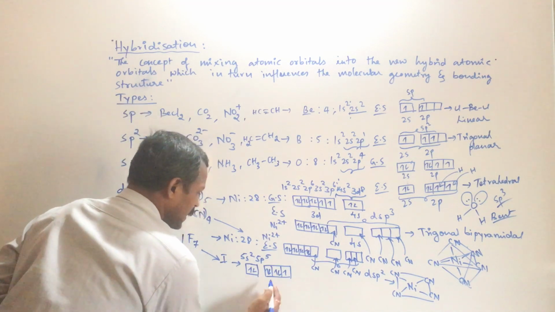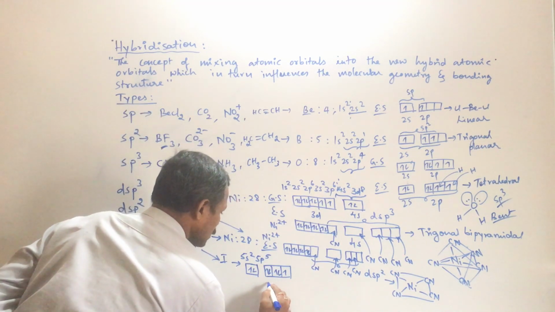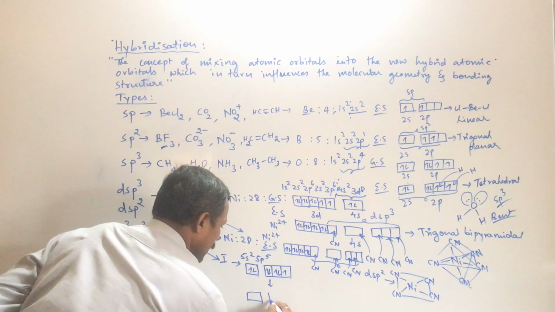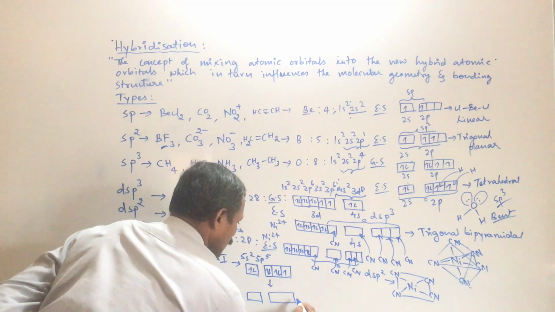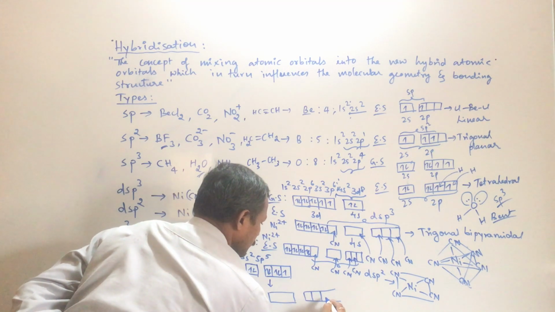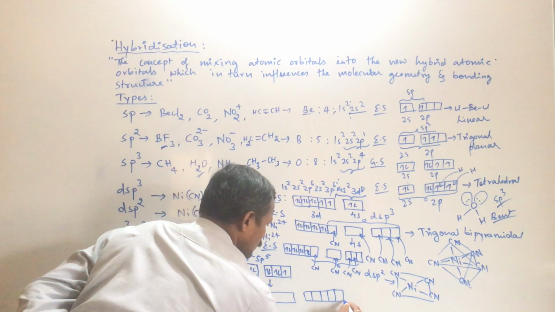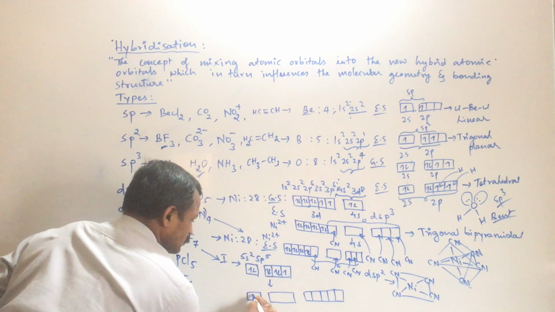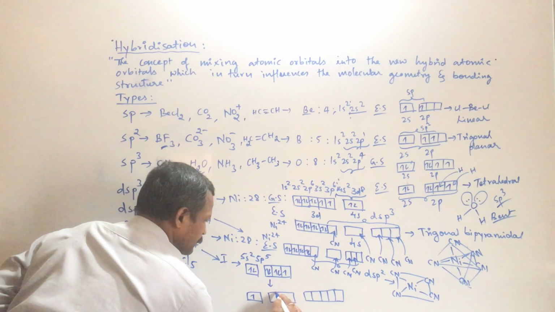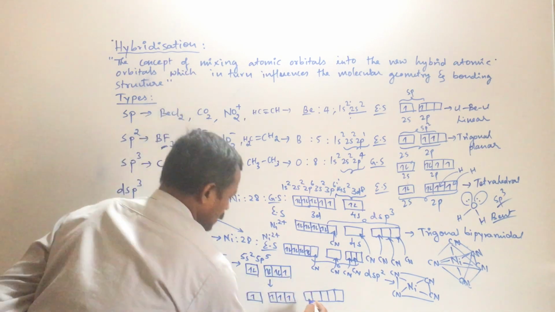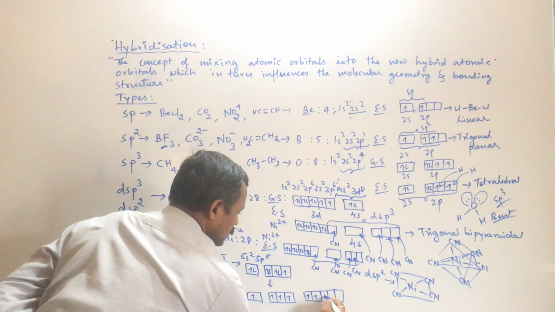Due to the arrangement of the hybridization, whatever the paired electrons will shift to the d orbitals. Because of that, it will carry one electron, and the remaining 3 more will shift to the other.